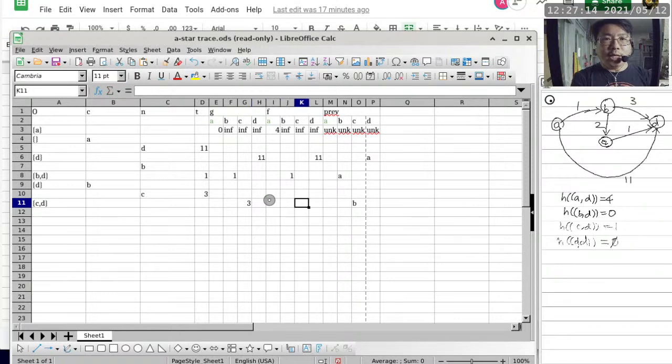And then the F value is the G value of C plus the heuristic from C to D. The heuristic from C to D is 1, so we have 3 plus 1, which is 4 over here. Do we have any questions at this point? No questions? All right. Then we go for the next iteration of the for each loop.